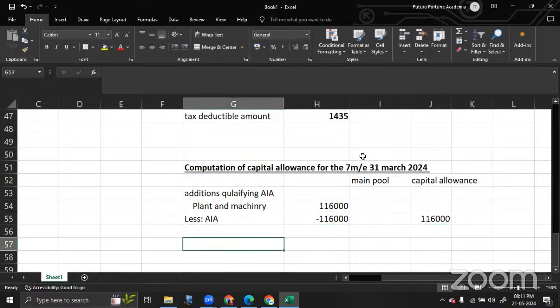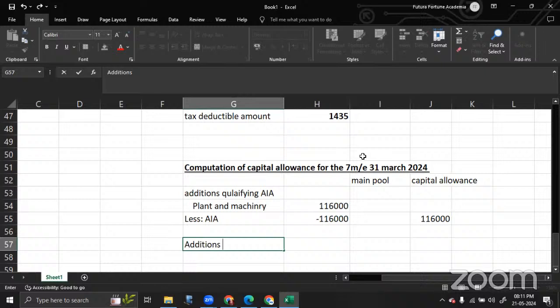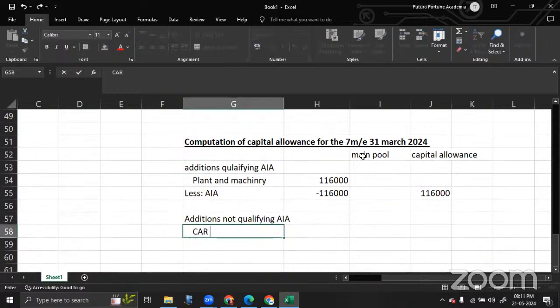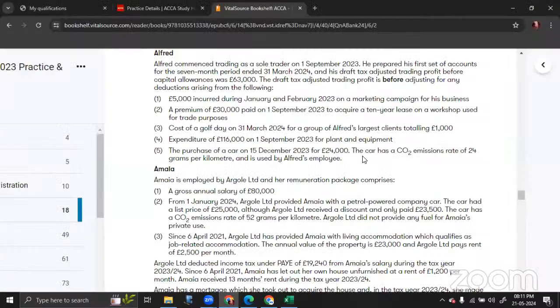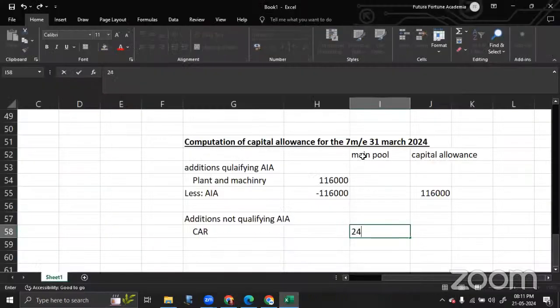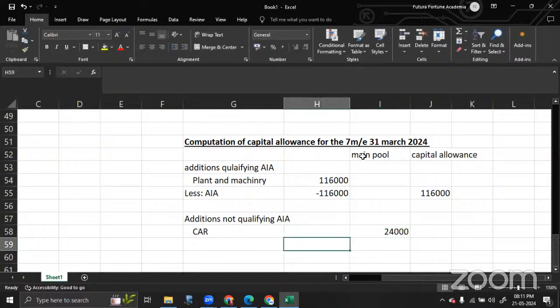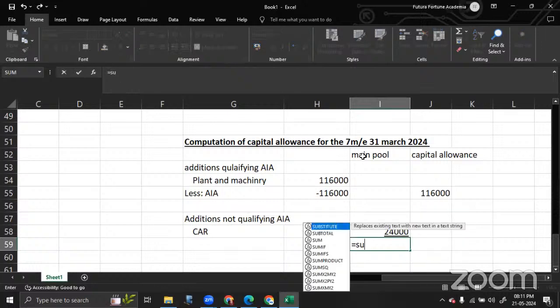Then additions not qualifying for AIA, which includes the car. It was actually a main pool item because the CO2 emission was 24 grams per kilometer. It is 24,000. So you can calculate your WDA on this.